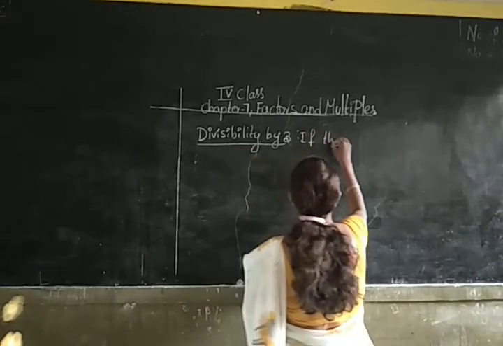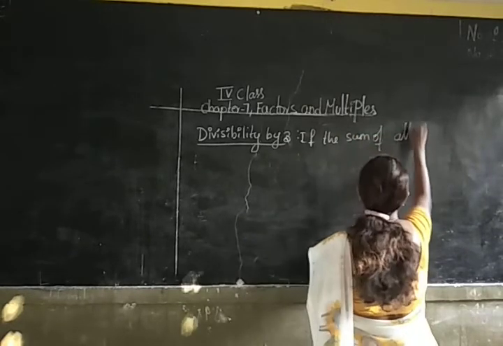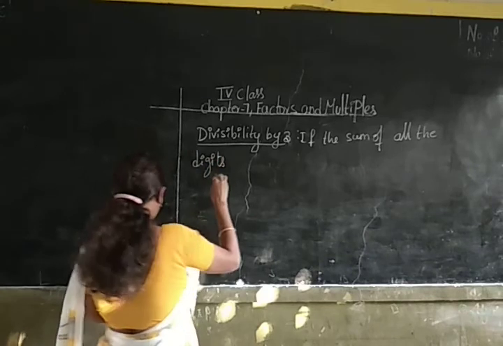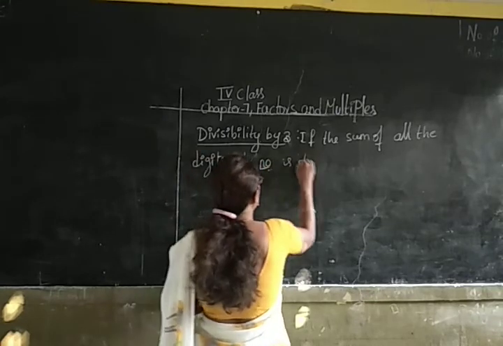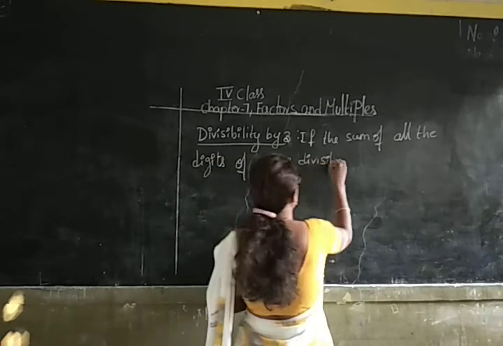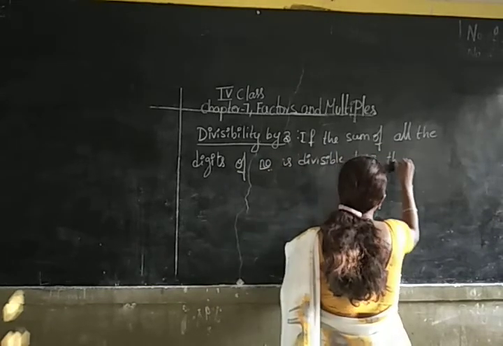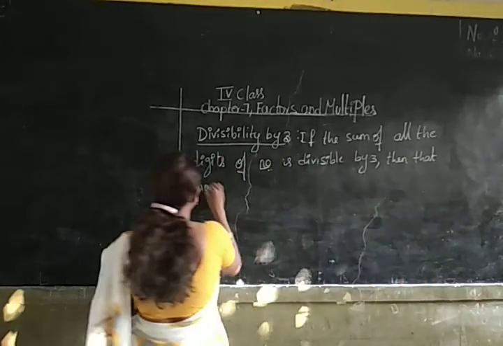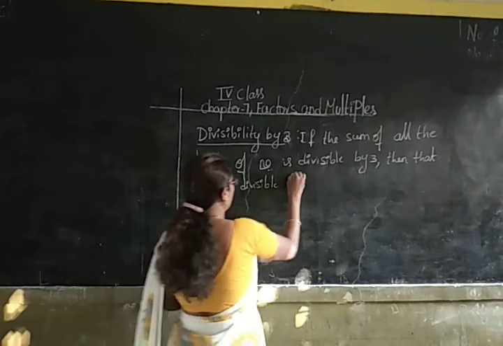If the sum of all the digits of a number is divisible by 3, then that number is divisible by 3.